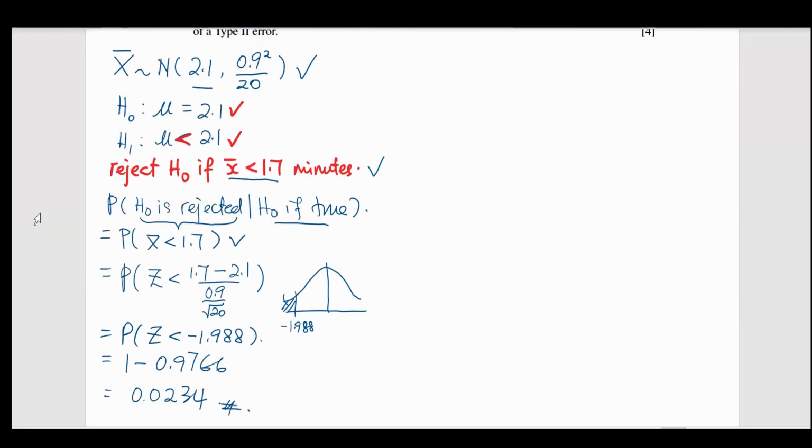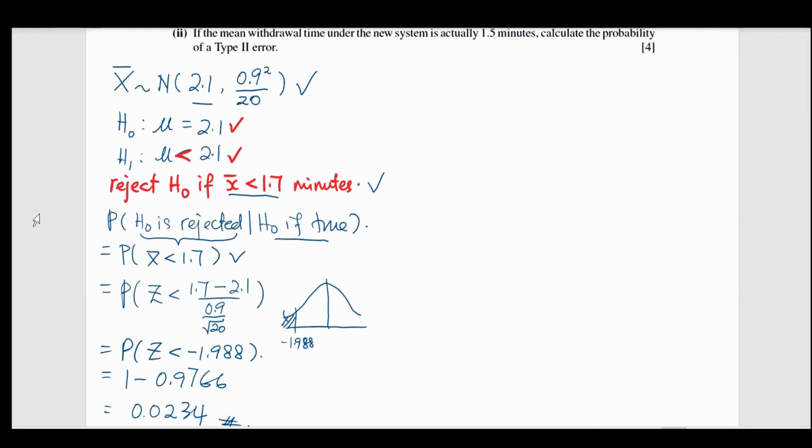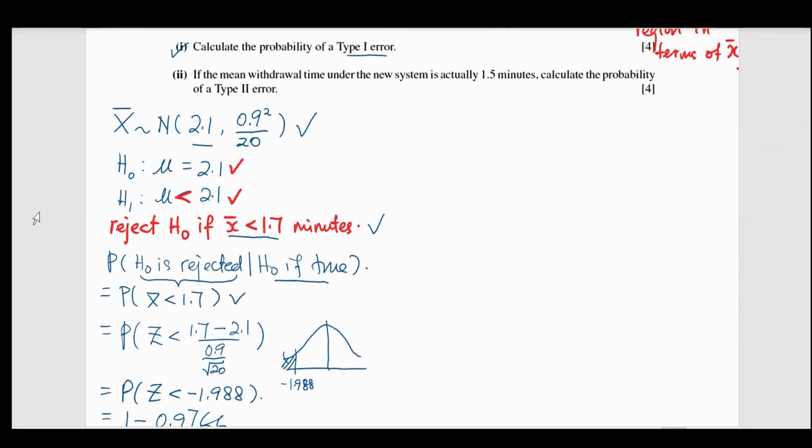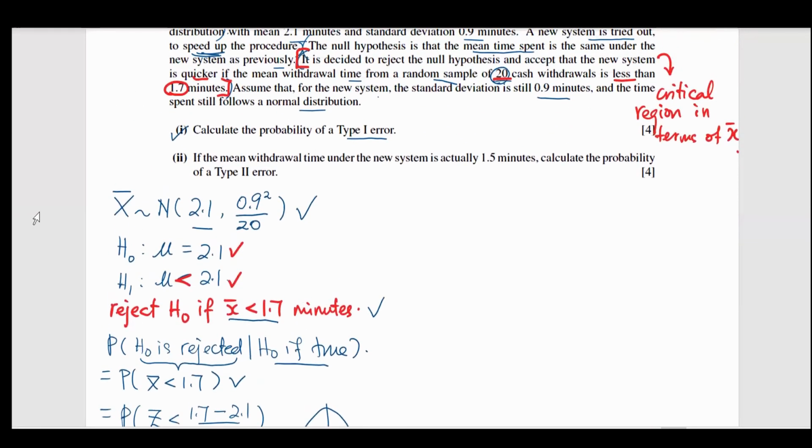Okay, now we move on to look at the type 2 error probability. So part 2. If the mean withdrawal time under the new system is actually 1.5 minutes, calculate the probability of a type 2 error.